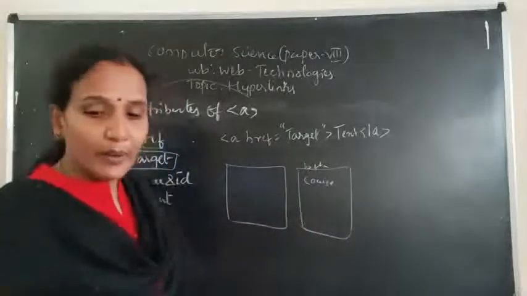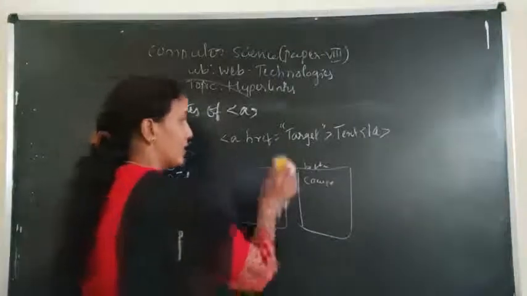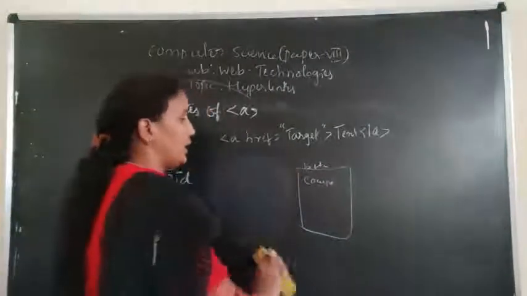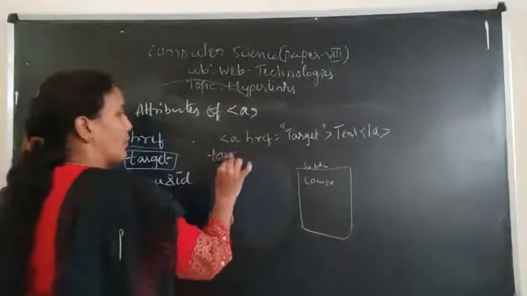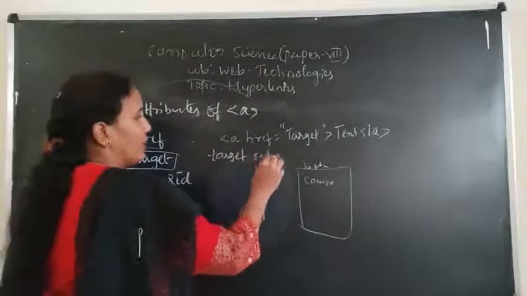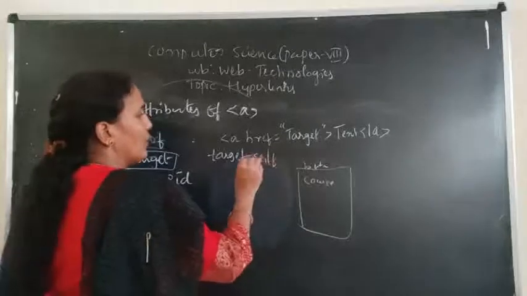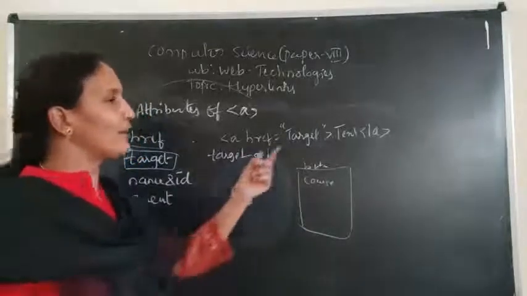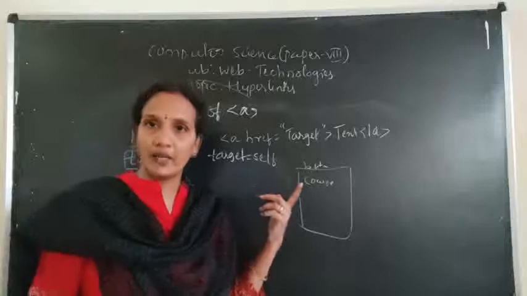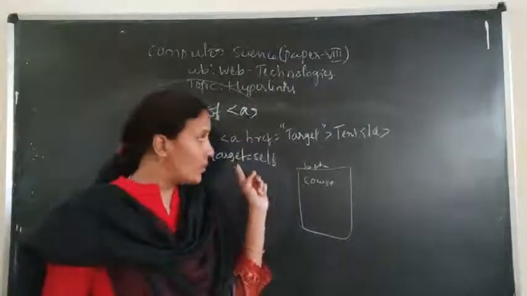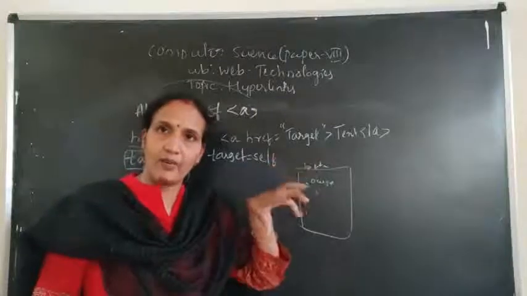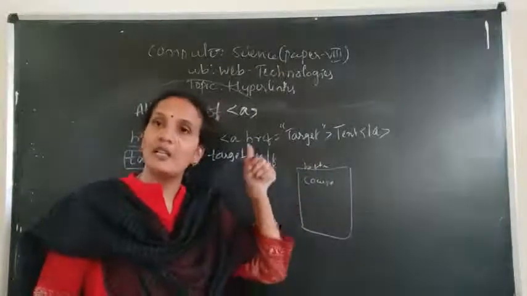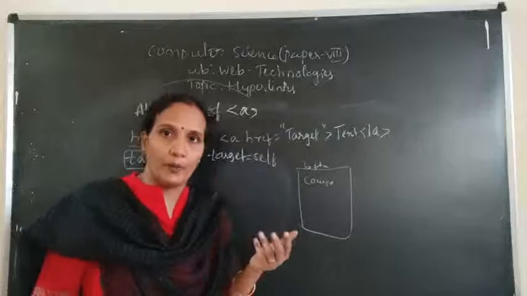Why? Because by default we have a target document, target equals self. Then what happens? Whenever you click on the hypertext, whatever target document is there will open in the same window. Self: in the same browser window, that target document will open.